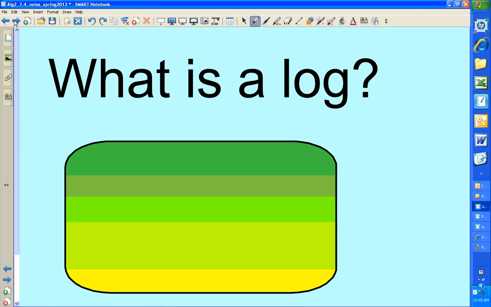What's a log? That's the big question. What is a log? Multiple choice. Something you do when you turn on your computer. That's A. Something you throw in a fire. That's B. It could be an acronym. Stands for Lost Old Goat.